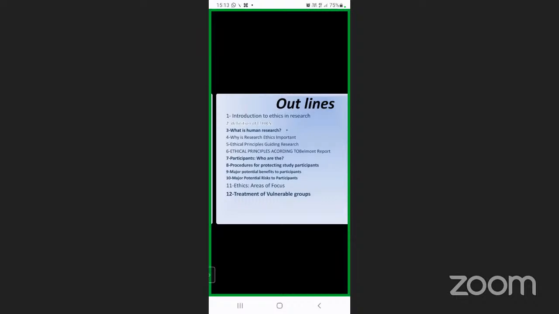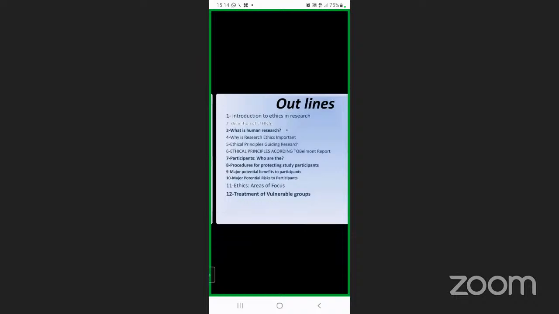Then the next point is ethical principles guiding research. Which are the different ethical principles that we have to follow or maintain?